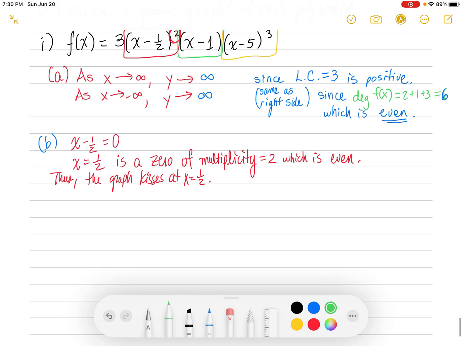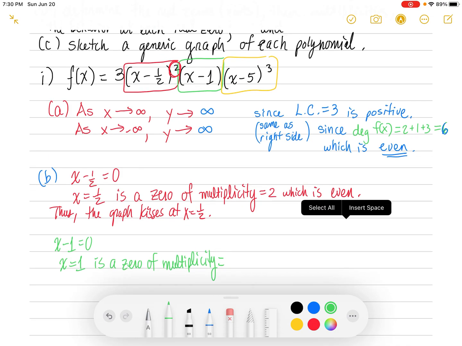Okay, so next we're going to go into the green factor, x minus 1. We'll set that equal to 0. Add 1 to both sides, you get x equals 1. So x equals 1 is going to be a zero, or a root, or an x-intercept, of multiplicity equal to, what's the power over x minus 1? Well, you don't see a power, but it's understood to be a 1 up there.